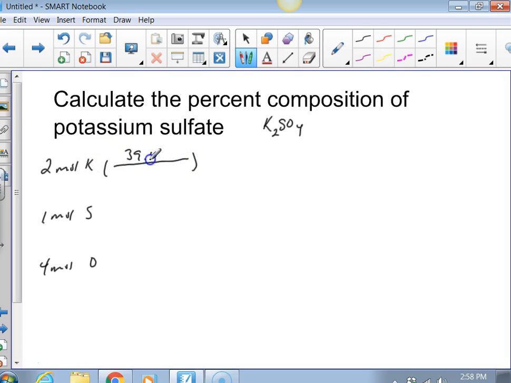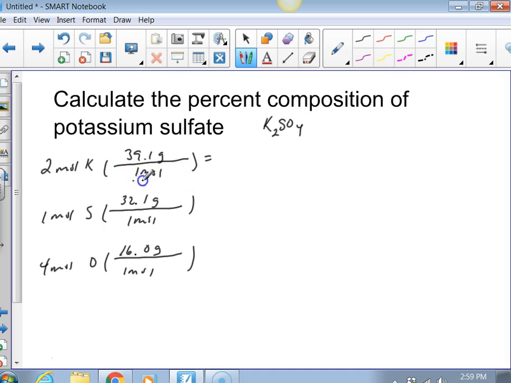There's 39.1 grams for every 1 mole of potassium. There's 32.1 grams for every 1 mole of sulfur. And there's 16 grams for every 1 mole of oxygen.